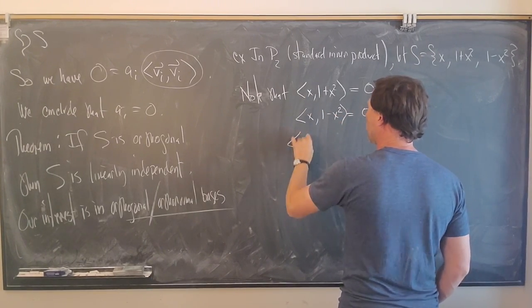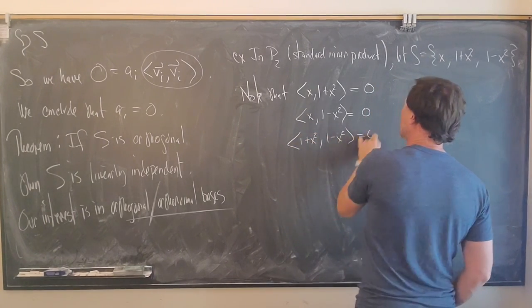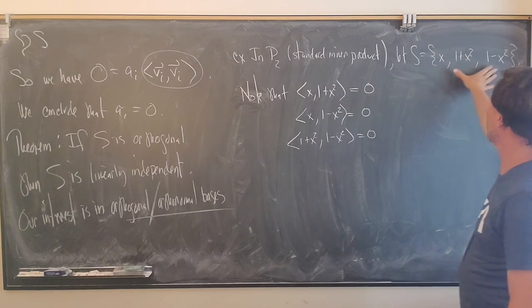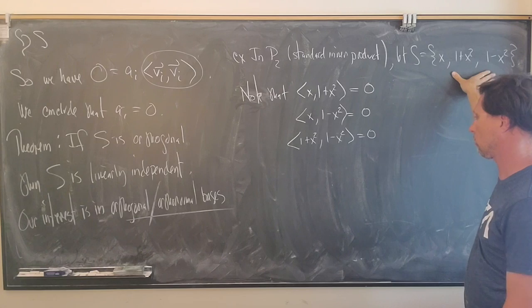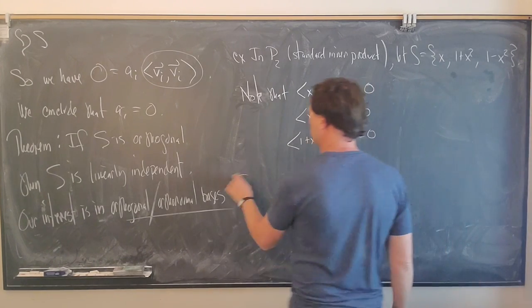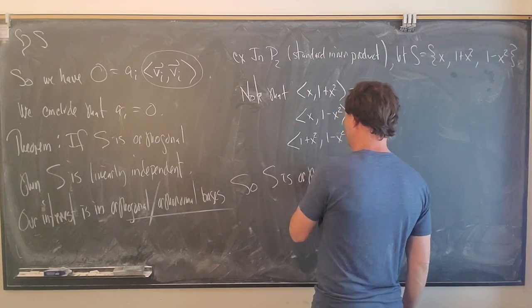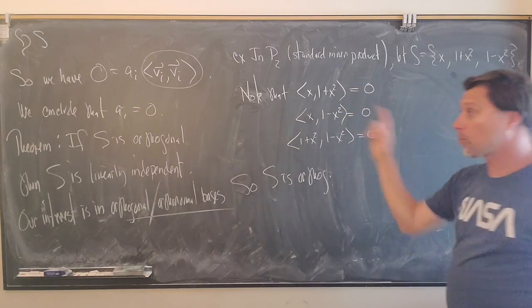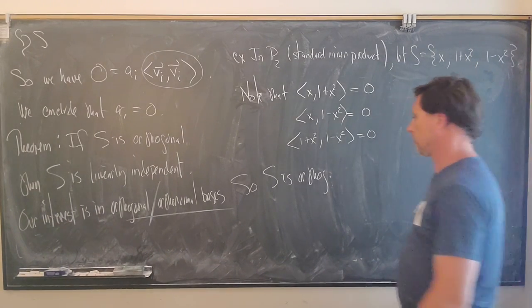Also, 1 plus x squared inner product with 1 minus x squared also equals 0. So what we have here is an orthogonal set. So S is orthogonal. By our previous theorem, that tells us that this set is linearly independent.